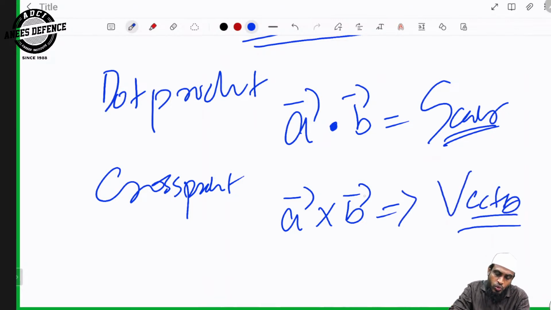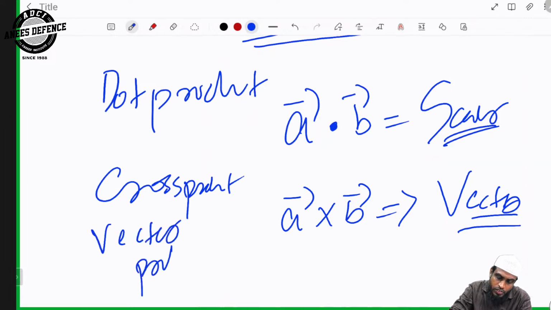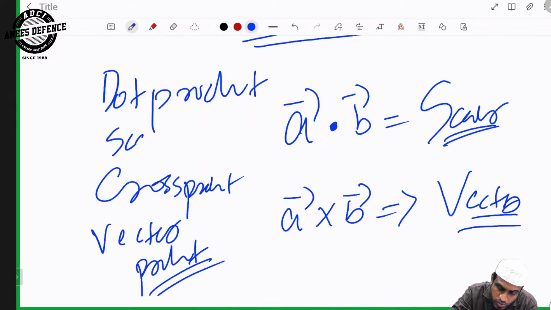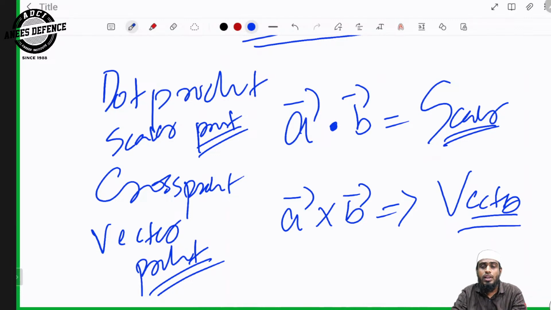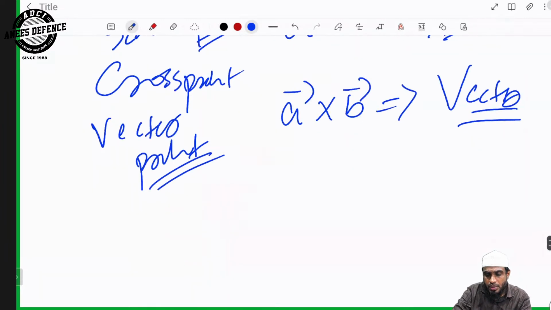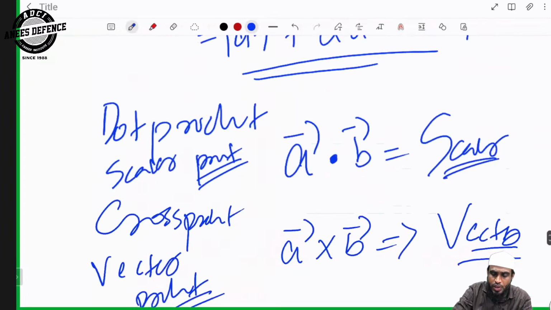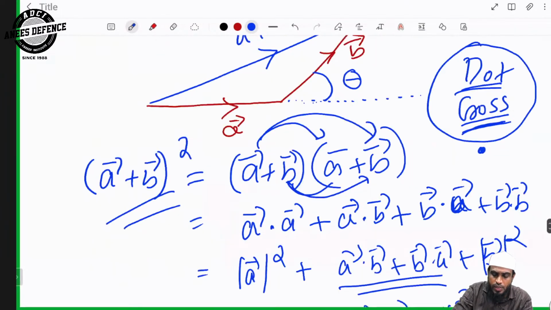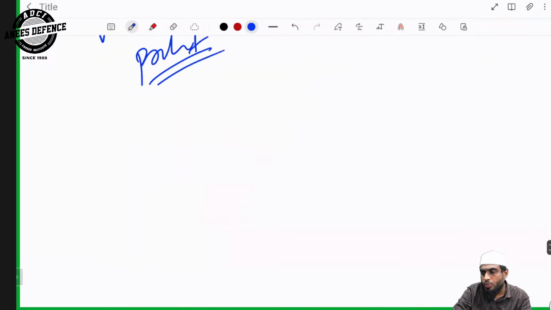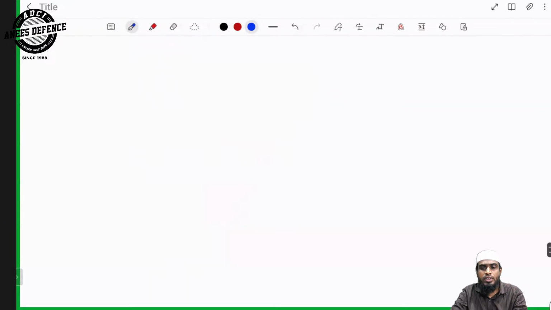So cross product is also known as vector product because the final answer is a vector quantity. Dot product is also known as scalar product because the final answer is a scalar quantity. Before going further into this rule, first I will discuss some idea about the position vector of a vector, then what is magnitude, those things I will discuss.